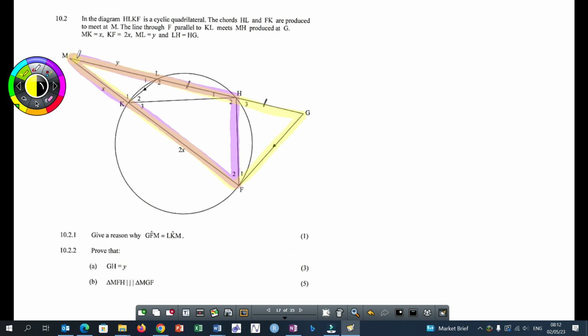Now, based on the names, I'm sure you can all see that they both start with M, and that M refers to that common angle.